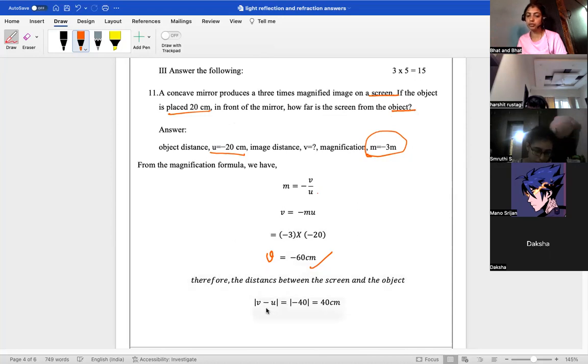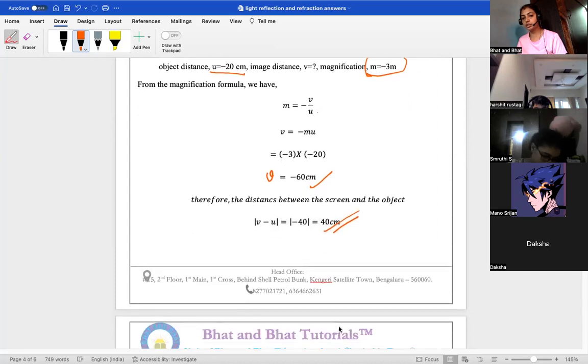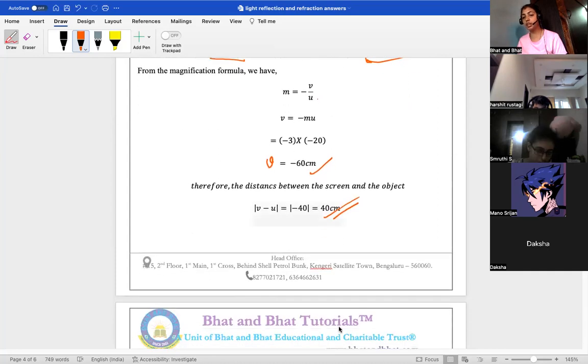So what you have to do? V minus u you should do. So only magnitude we are considering. So v minus 20 will be 40 centimeters. So the screen has to be placed 40 centimeter away from the object. Understood? Yes, ma'am.